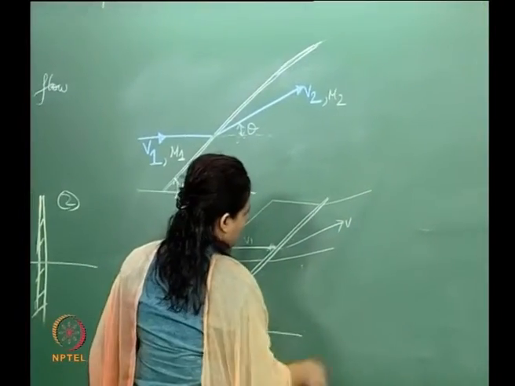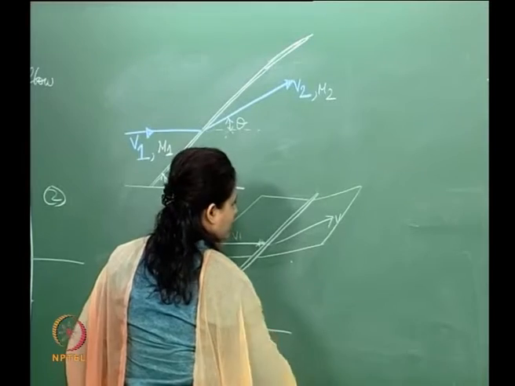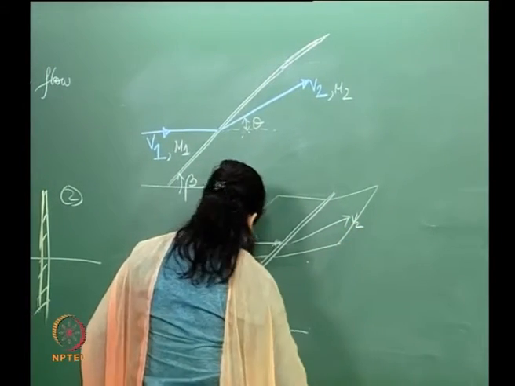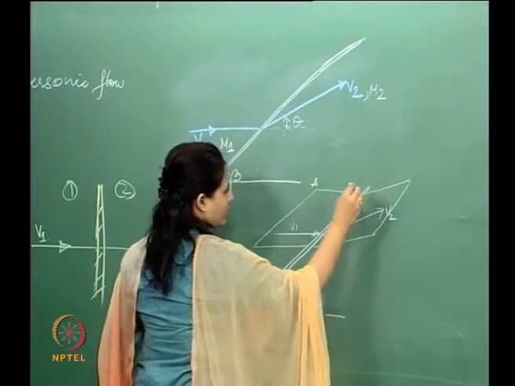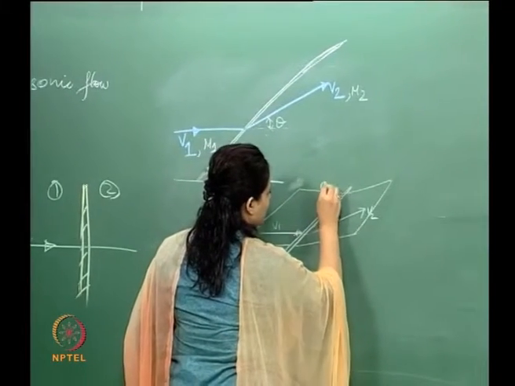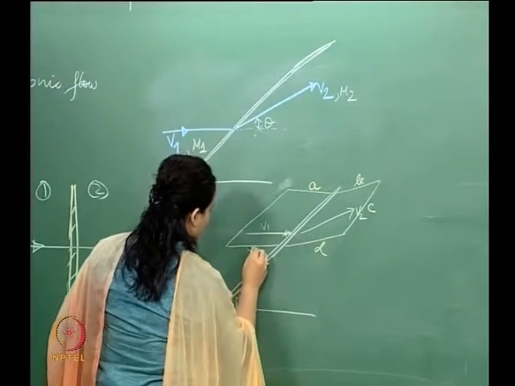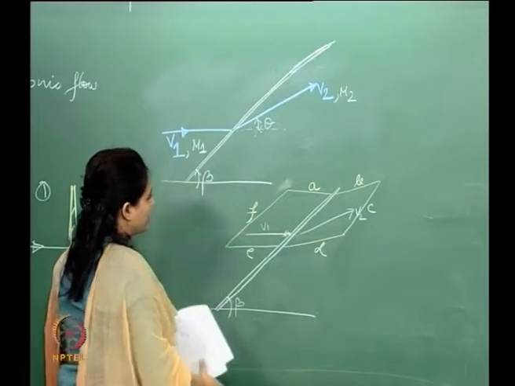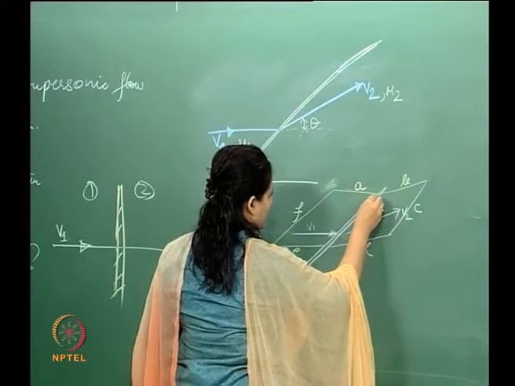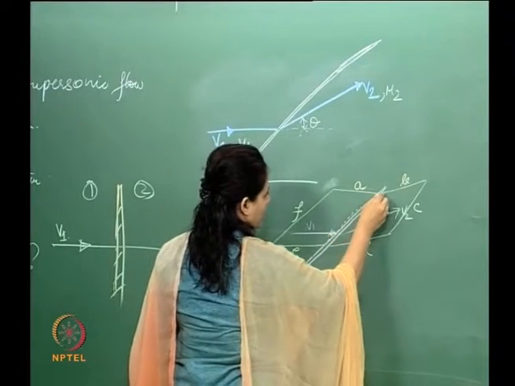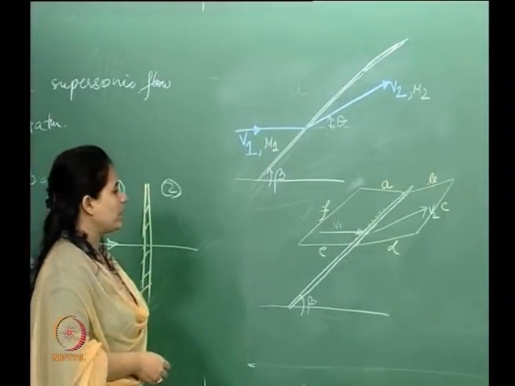Okay, so this is essentially V2. Now if I call this side A, B, C, D, E, and F. So this is my control volume.